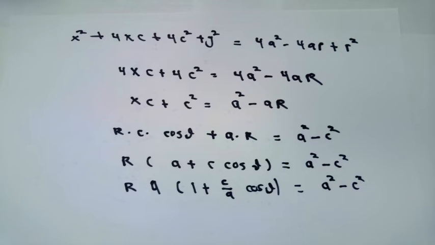Notice two things. Firstly, a squared minus c squared is b squared. If it was convenient for me to represent things that way, I could do that. Also, c divided by a is the eccentricity of the ellipse.